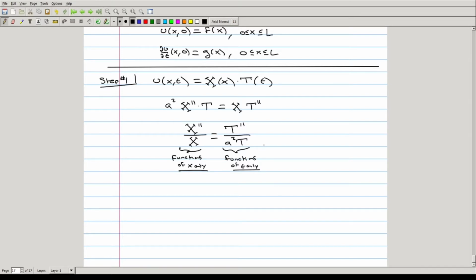And therefore, the only way of satisfying this with two separate functions, a function of x only and a function of t only, is to have this entire thing be equal to some separation constant lambda.